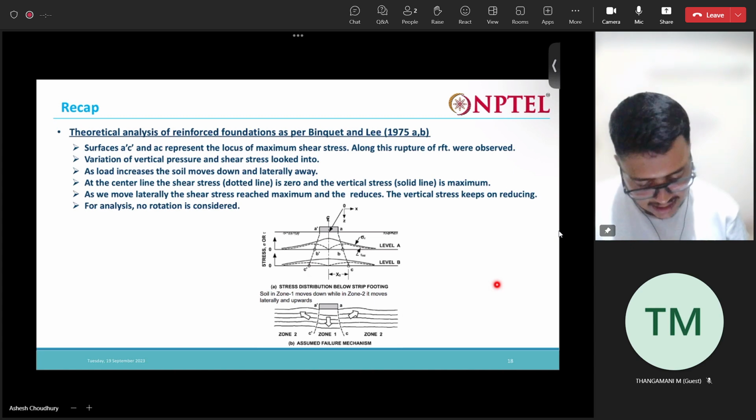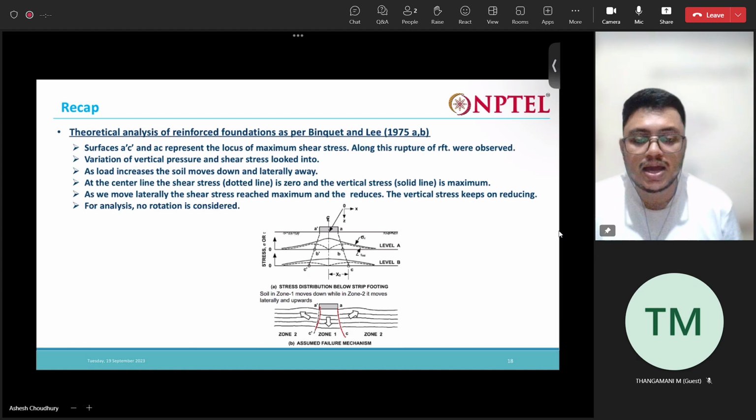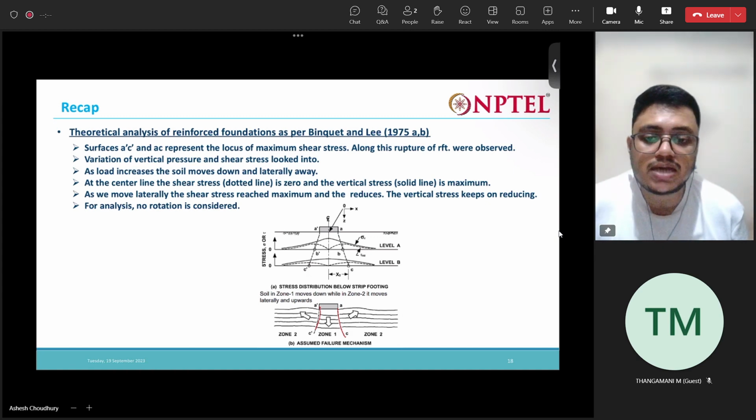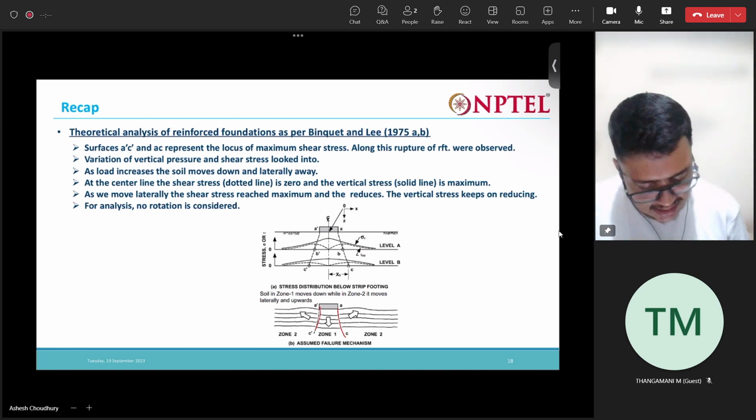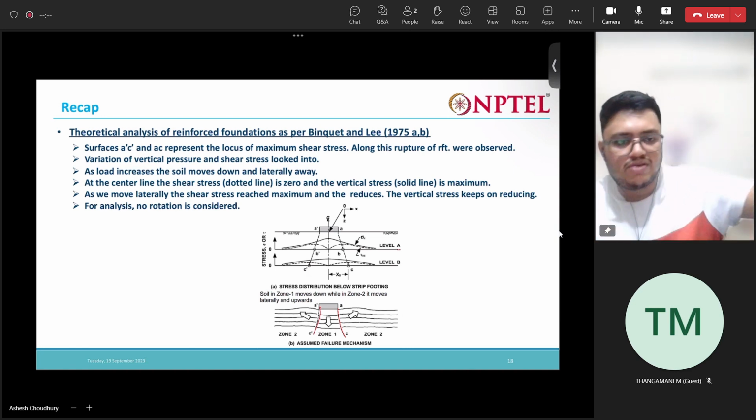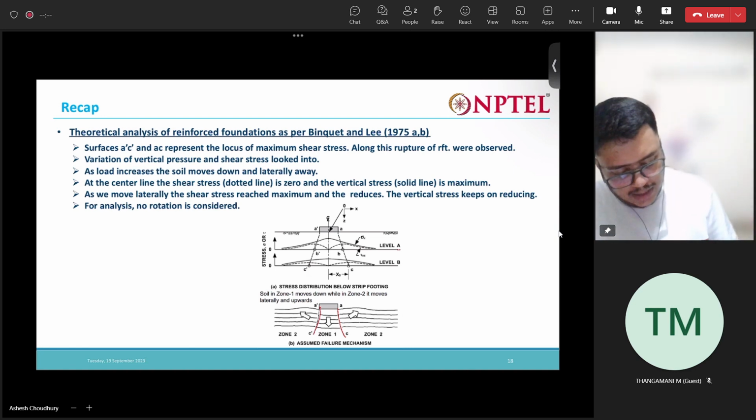Here we can see the surfaces AC', A'C' and AC represent the surfaces where the shear stresses are maximum. Say we consider a level, just a depth, say Z1, and this is at a depth of Z2.